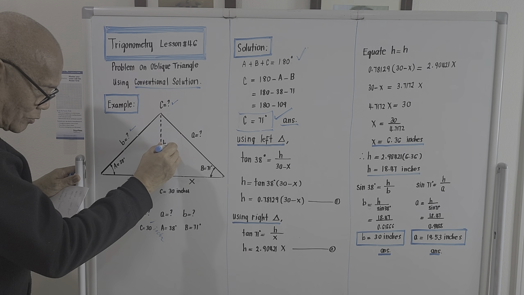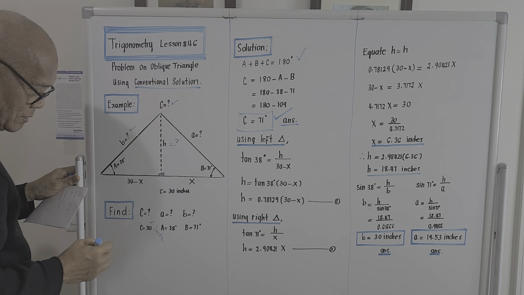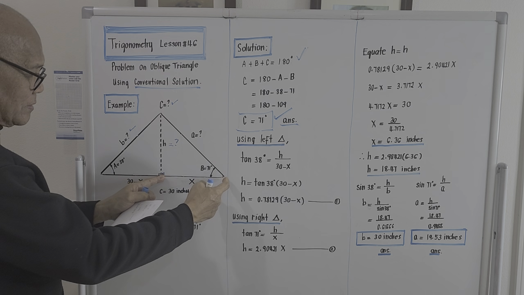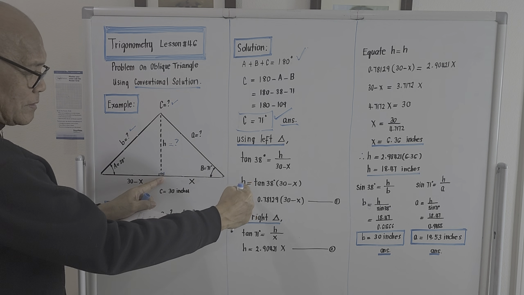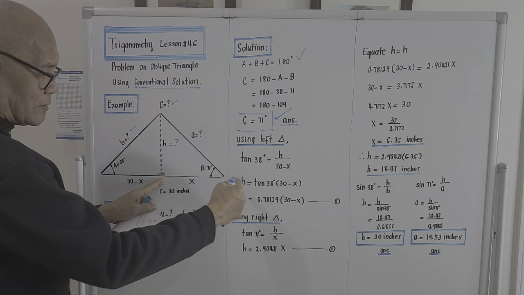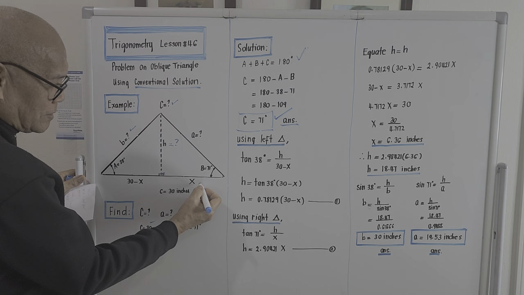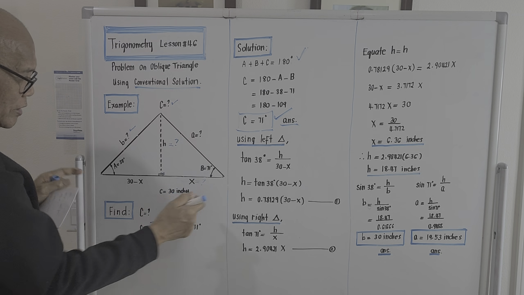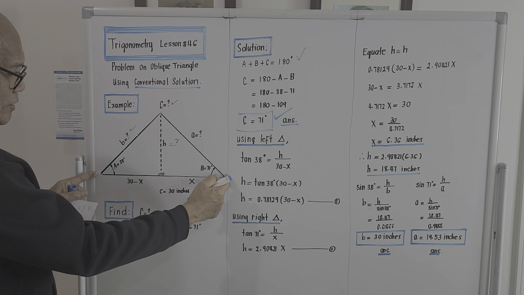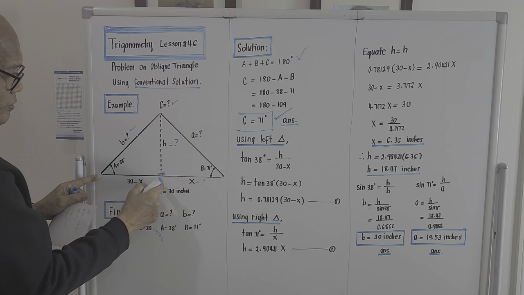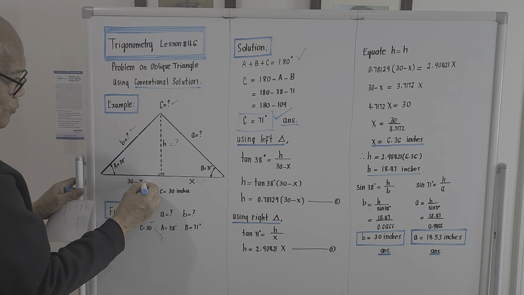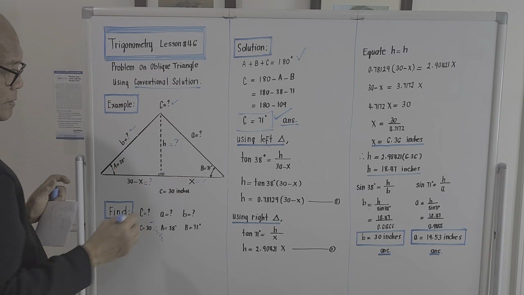For the meantime, we do not know the value of this. And we will represent this length of the right triangle portion to be x. If the whole base is 30 and this portion is x, this portion here should be 30 minus x.